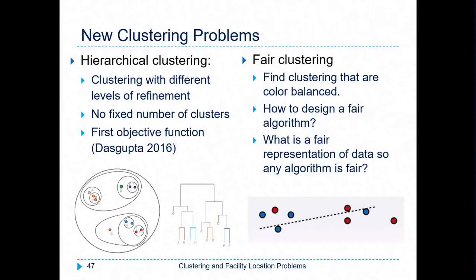The actual question I had was, in two of the follow-up works, I saw this come up in balanced color clustering, as well as in what is a good representation of the data. Can you say a little more? This is something I saw in the current NIPS, and someone worked on it. The idea is that you want to find a representation of the data such that any algorithm you use will give you a balanced clustering.